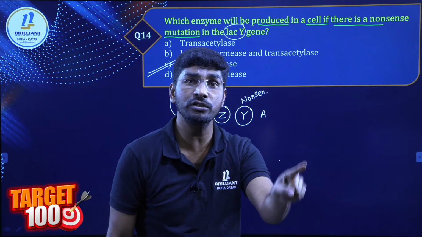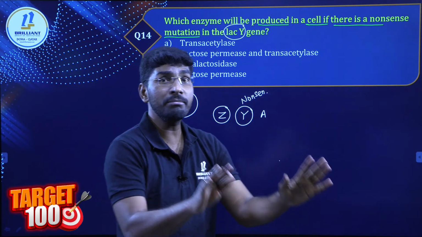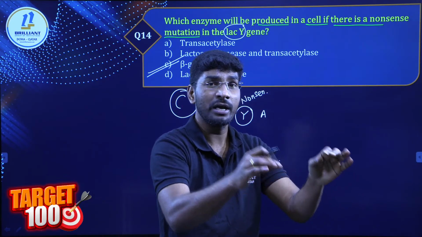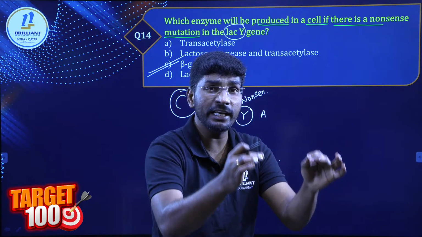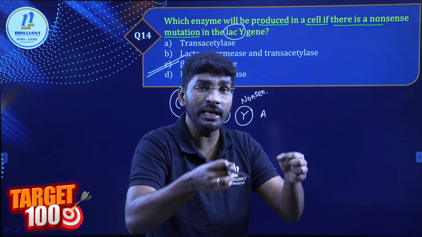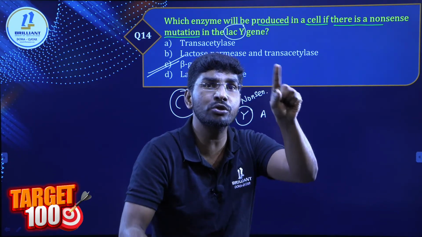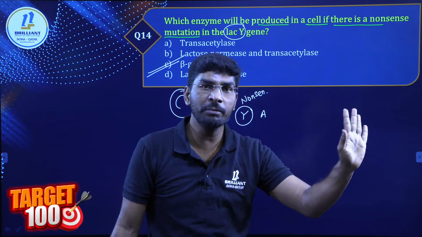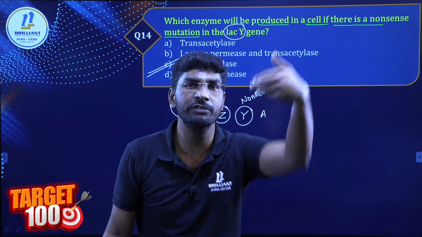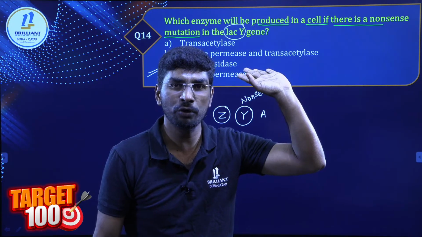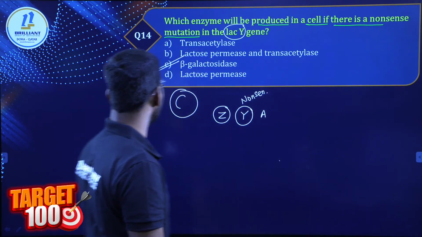No problem if the nonsense mutation is in Y. Remember, nonsense mutation comes because of a DNA mutation that leads to the formation of a stop codon in the mRNA. Everything goes properly, but suddenly a stop codon comes and terminates it. Remember this, everyone. You got my point? It's called nonsense mutation.